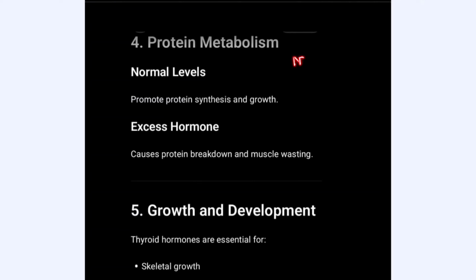So at normal level, it promotes protein synthesis, and excess hormone promotes protein breakdown.